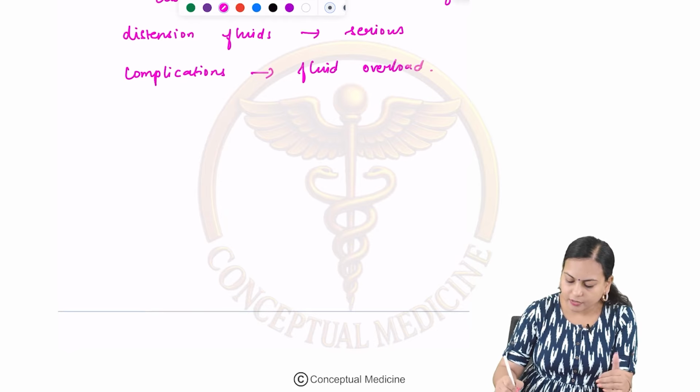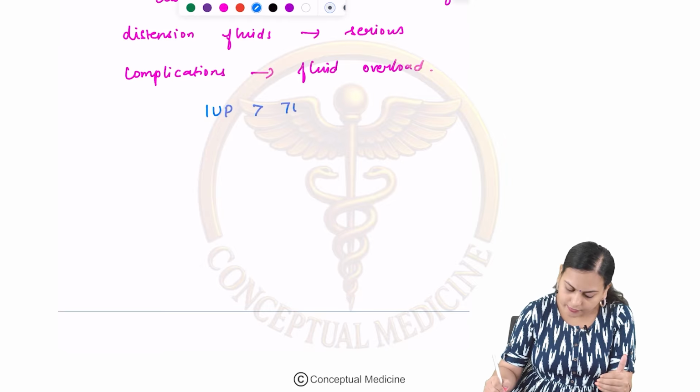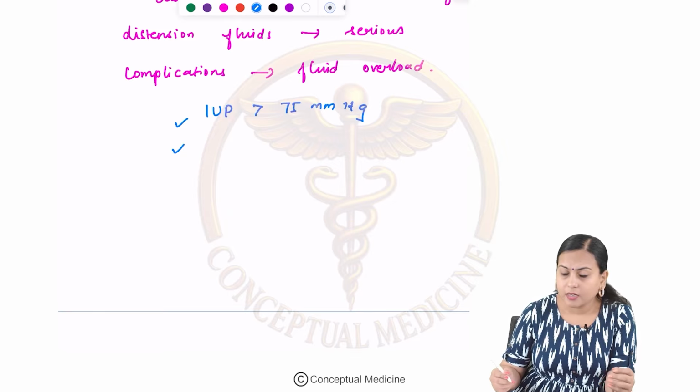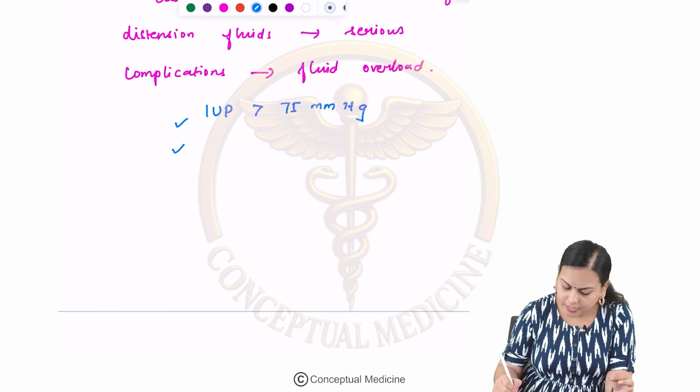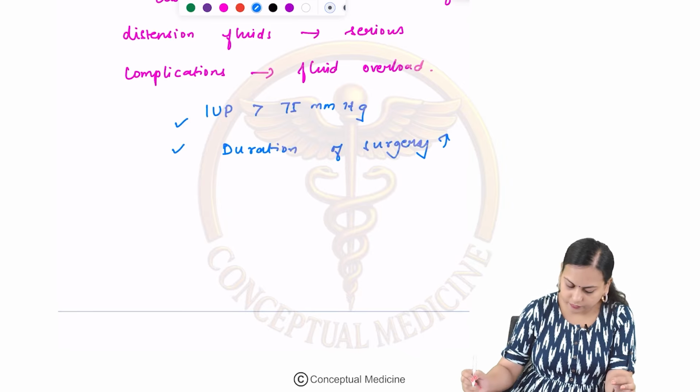With this, the intrauterine pressures can rise up to more than 75 millimeter mercury, and this is possible when the duration of surgery increases as well.